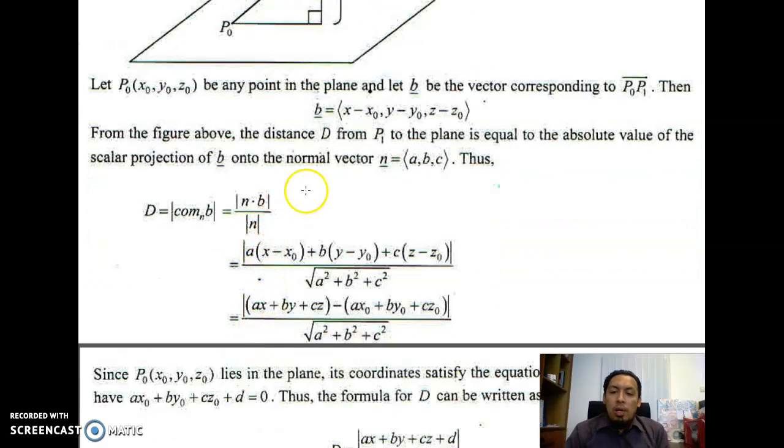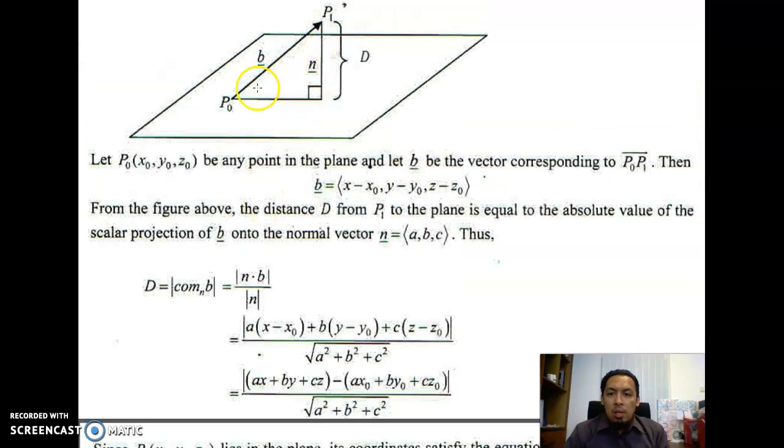The component of N is A, B, C. The component of B here is vector P0 to P1. In other words, we subtract P0 from P1, which is X minus X0, Y minus Y0, and Z minus Z0.